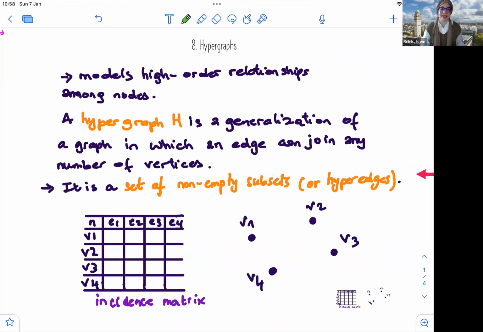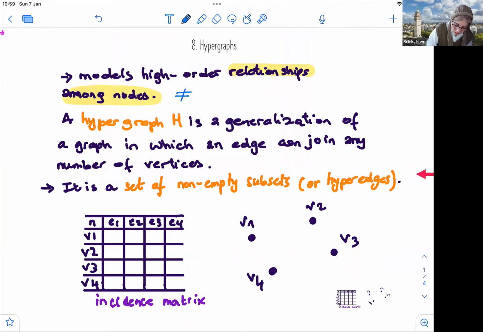Okay, so what is a hypergraph? So the hypergraph here models high order relationships among nodes. Okay, so what does that mean? It means that in a simple graph, in the regular graphs that we have seen, all the other graphs are low order graphs. So I'm going to write it like this.